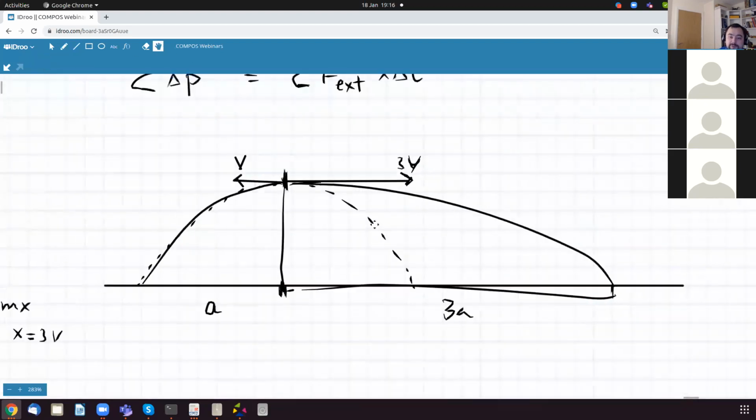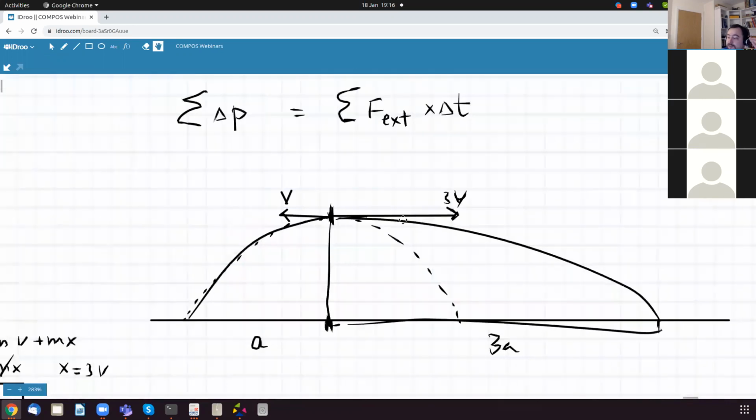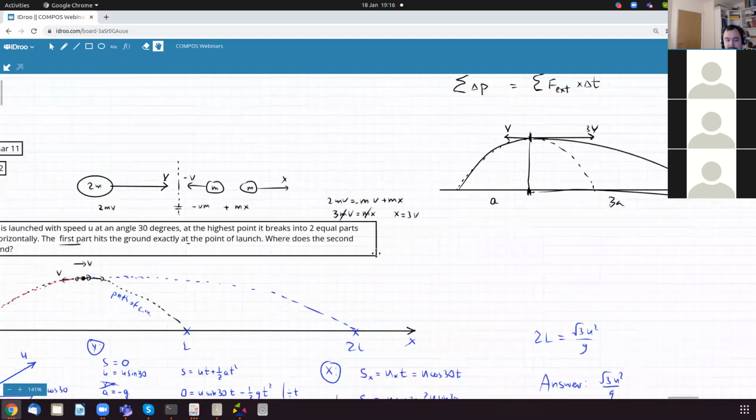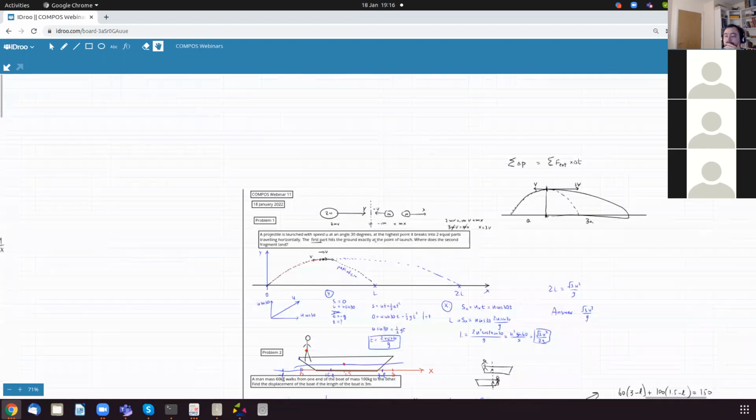But then you still have to find the distance using the formulas for projectiles. Does that clear things up?